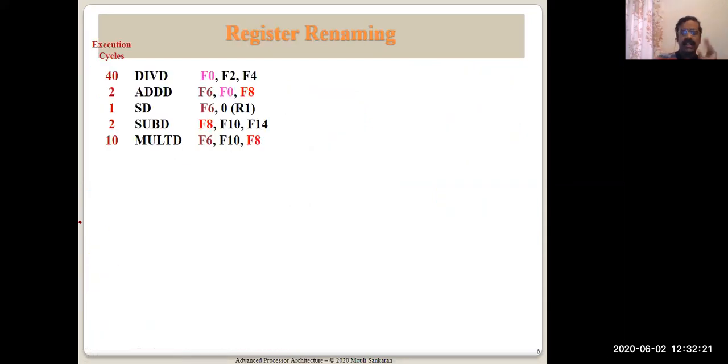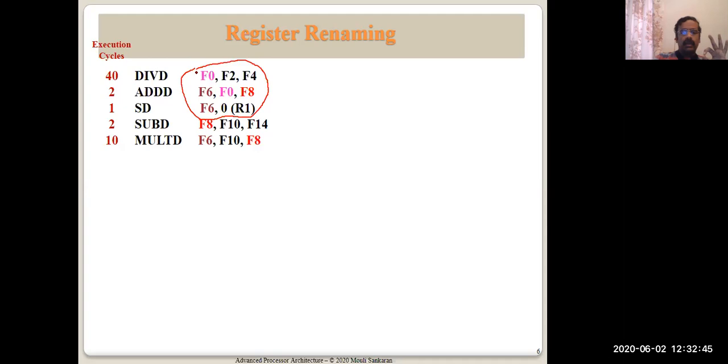So let me show you the same set of instructions. Now just analyze it, okay? Before even knowing what is register renaming, just analyze this. The impact of the data hazard between the instructions which are together cannot be avoided.